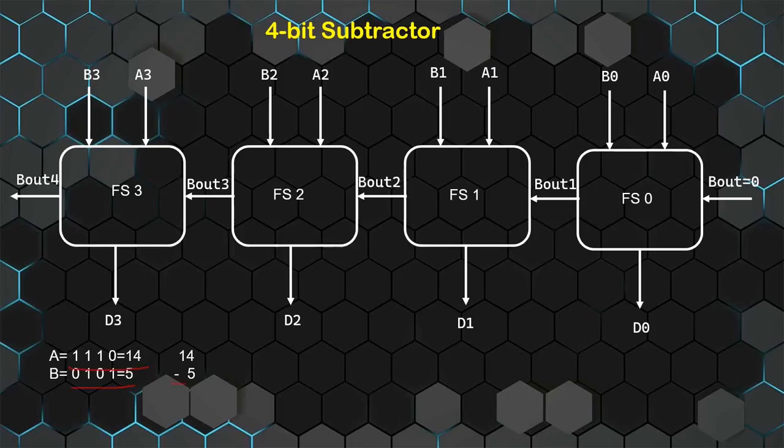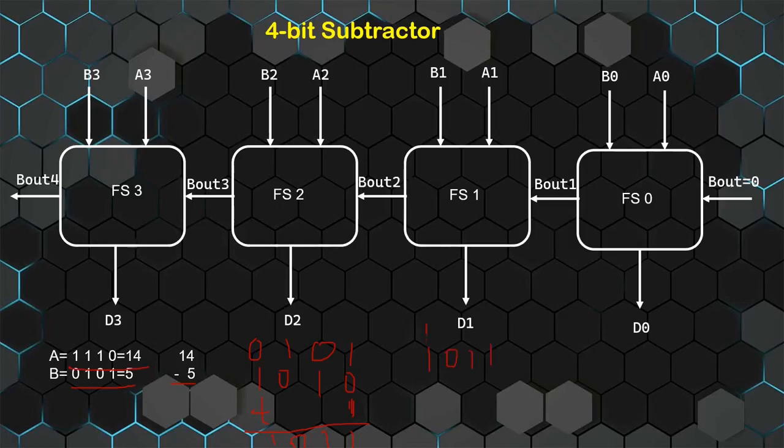When we have a negative number, what we have to do is first take the complement of that number. 0101 complement is 1010, and then we have to add 1 to the complement. Okay, so 0 plus 1 is 1 and 1 as it is, 0 and 1. So what we got is 1011.